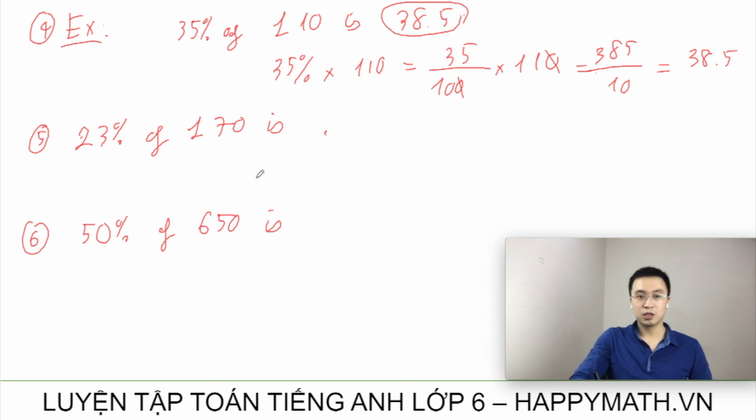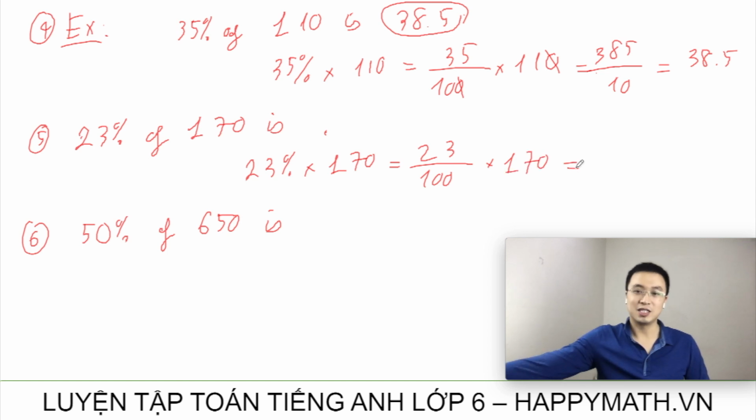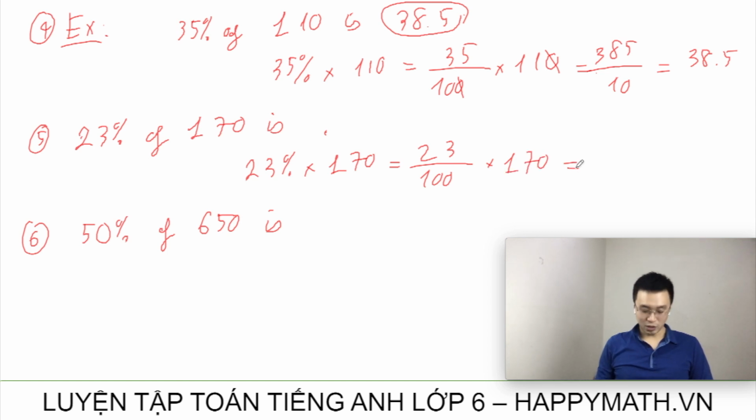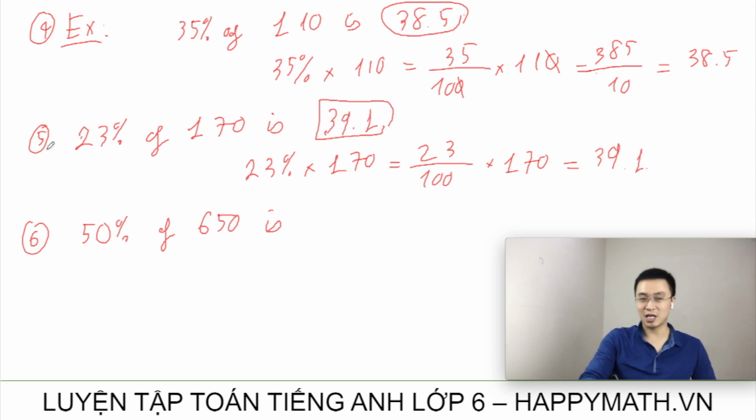Okay, so 23% of 170 here. 23 divided by 100 and multiplied with 170. Let's work with this one, and you will have the answer is 39.1. So 39.1 will be the final answer of this exercise 5.